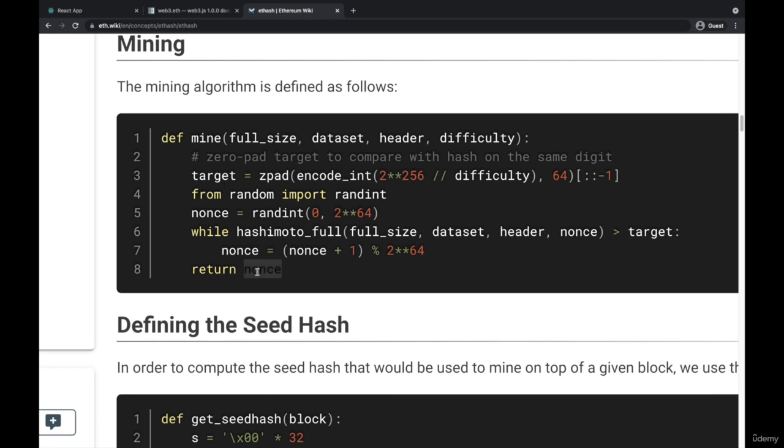If you have a nonce, then you can add the block into the blockchain. So, a random integer from 0 to 2 to the power of 64, and then just increment by 1. And here is a modulo operator, so you will not go over the limit.